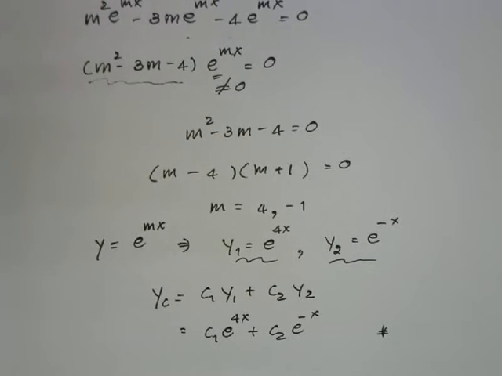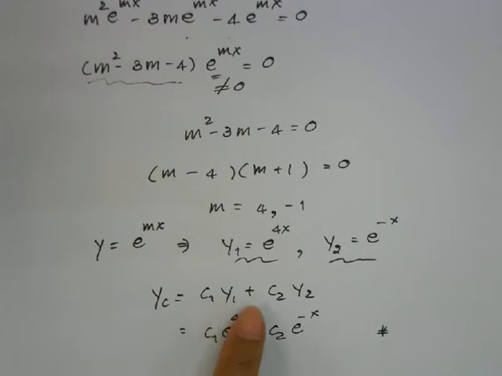Someone might ask, what if y1 is equal to exponential of minus x and y2 is exponential of 4x? Can you do that? Yes, of course. You can switch, it doesn't matter, because the plus sign has the property of changing position.